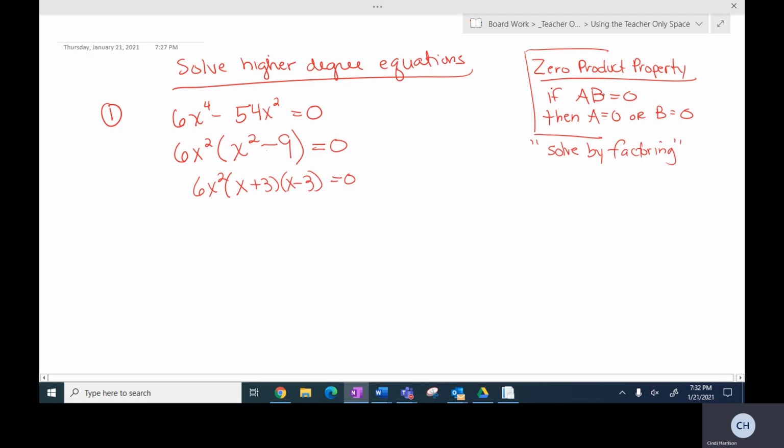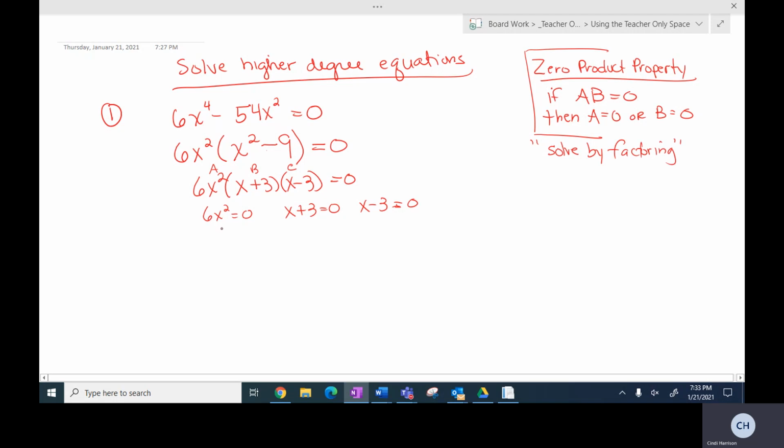Okay, so now we're ready to use the zero product property. The way I presented this to you, we have A times B equals 0. But here I actually have an A times a B times a C, but it works the same way. Basically, we're going to set each of these equal to 0 and solve each one.